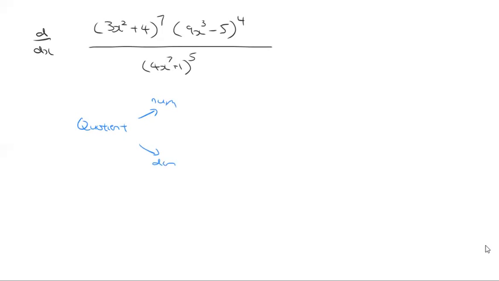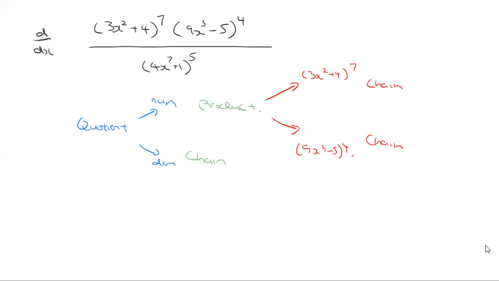For the denominator, you would need to use the chain rule. For the numerator, you would need to use the product rule. But the product rule is split into two of them, right? The 3x plus 4 power 7 and the 9x cubed minus 5 power 4, both of which would need the chain rule. Does it all make sense?